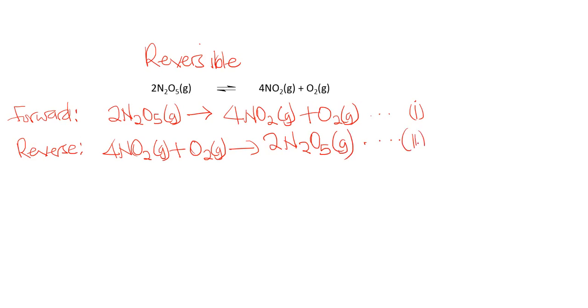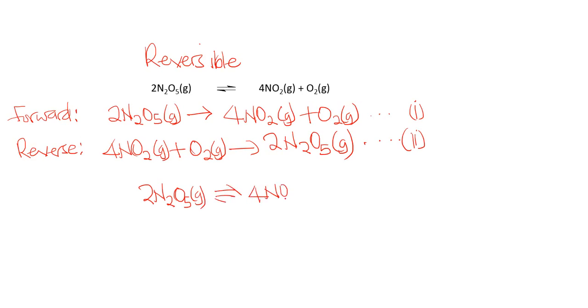So we'll call that equation 2. Now, when you combine the two reactions, that's when you have your complete reversible reaction at equilibrium, especially when you don't see any change in its speed.